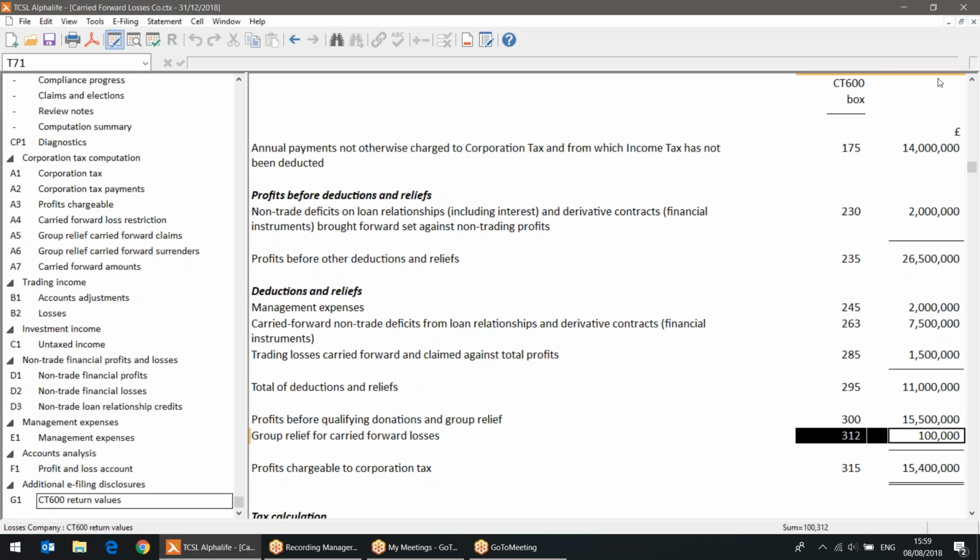It is worth noting that the group module in Alphatax also includes a significant amount of content to assist in making these claims for group relief for carry forward losses, including a matrix that will allow for claims and surrenders to be automatically posted down to the relevant companies, and an automatic max claim calculation.